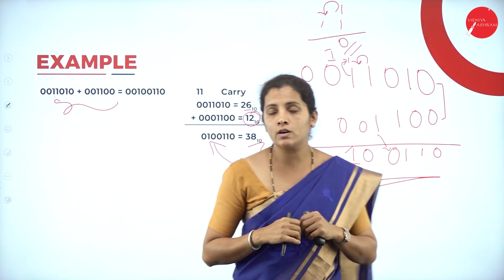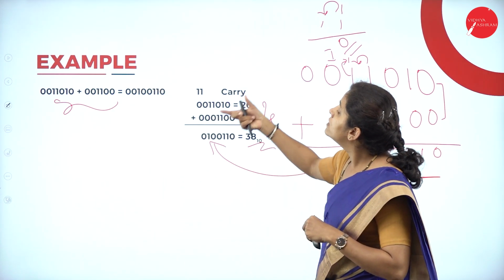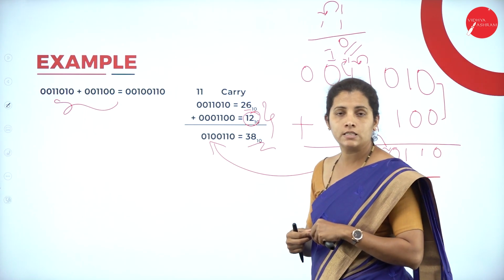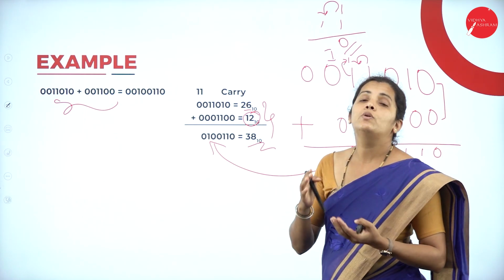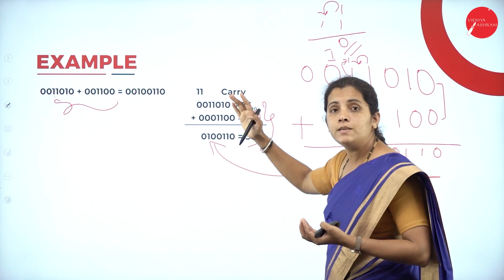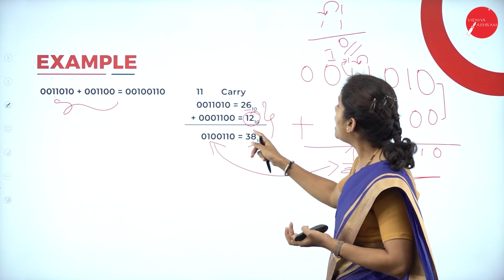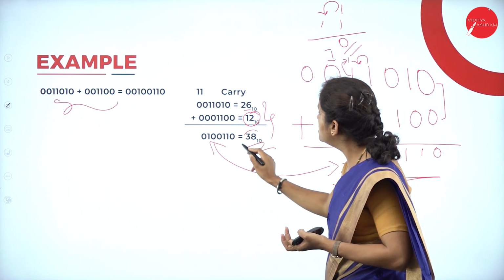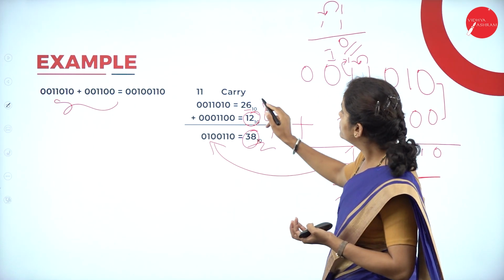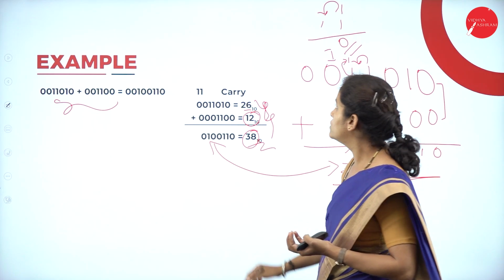If you want to cross verify that the calculated value is correct, then you take the decimal equivalent of the given numbers and add. Now this is the sum of these decimal numbers.